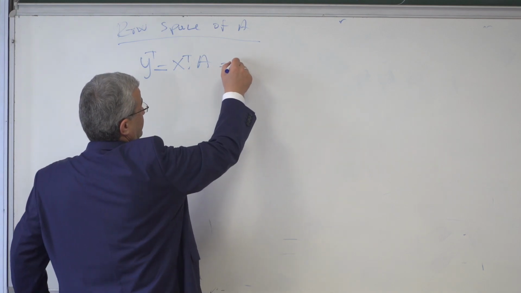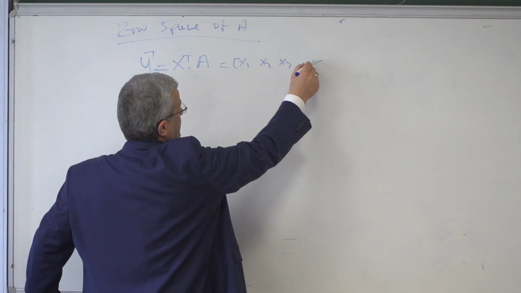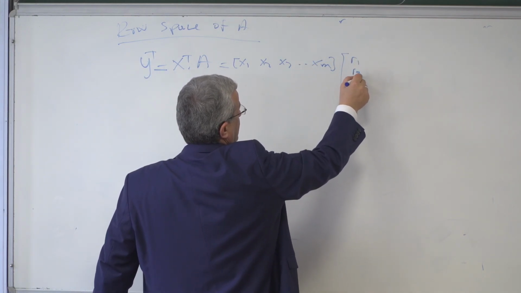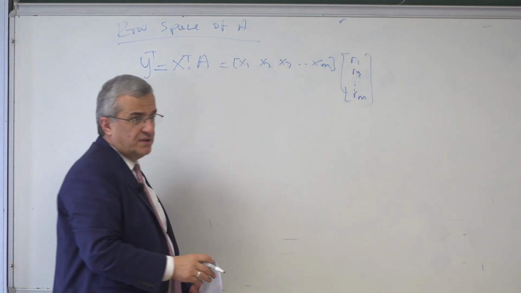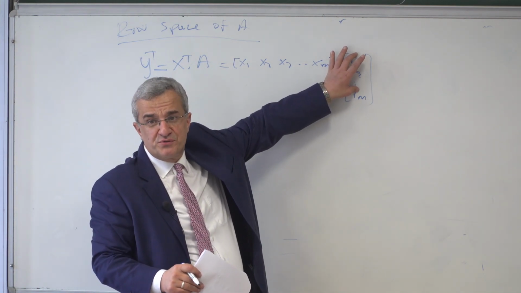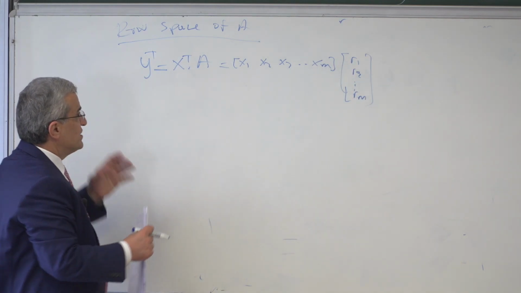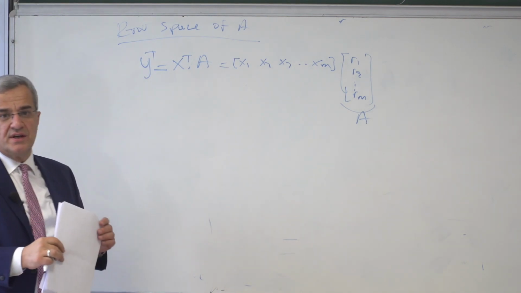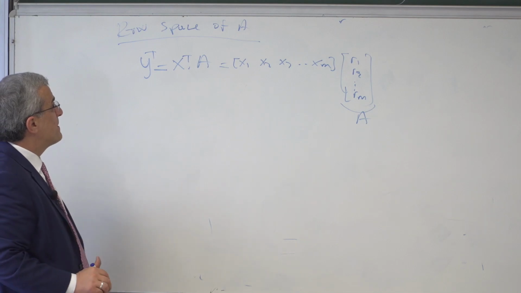Remember, this was like x1, x2, x3, xm, r1, r2, rm. So you are just taking all possible linear combinations of the rows of A. This is A, written in terms of row vectors, okay?